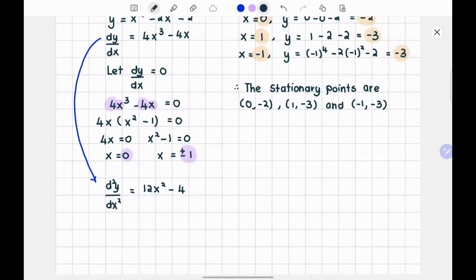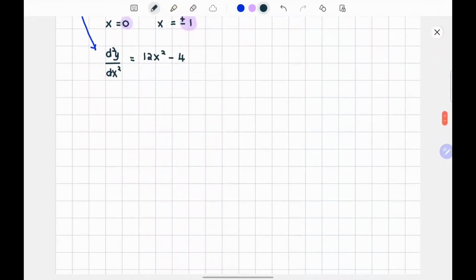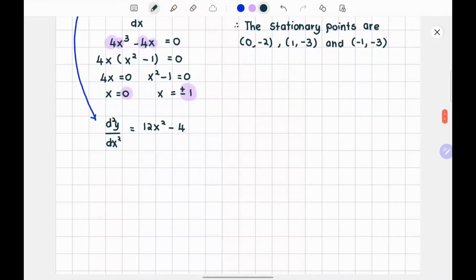So point yang pertama, at 0, negative 2, kita sub masuk. Kita sub masuk x kita 0. So kita akan dapat 12 times 0 minus 4. So equals to negative 4.